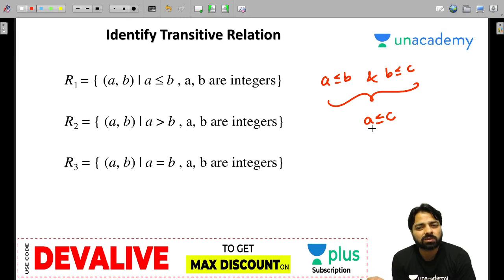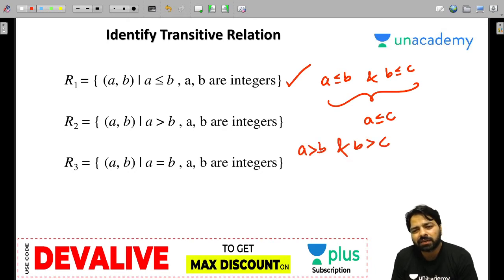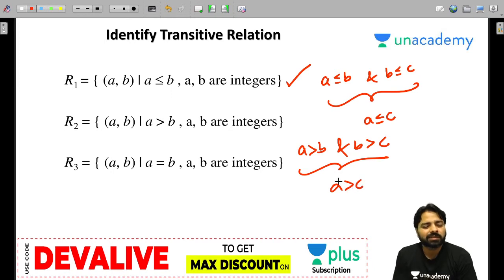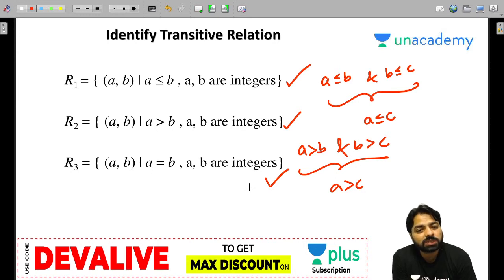Because A is also less than or equal C. Yes, this is going to hold transitive. And what about A greater than B? If it is A greater than B and B greater than C, is it guaranteed A greater than C? Yes, it is guaranteed. Transitive. Right. Diagonals, we never have a problem. R3 also. Diagonals will never have a problem in the transitive. Yeah, R1, R2, R3 are transitive. Even R2 is also transitive.